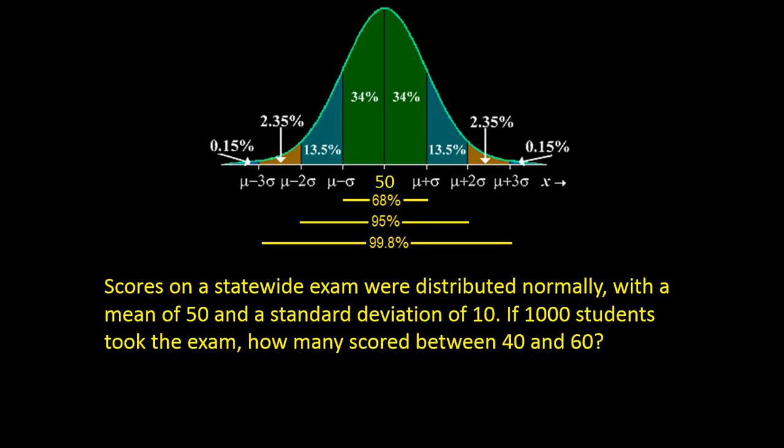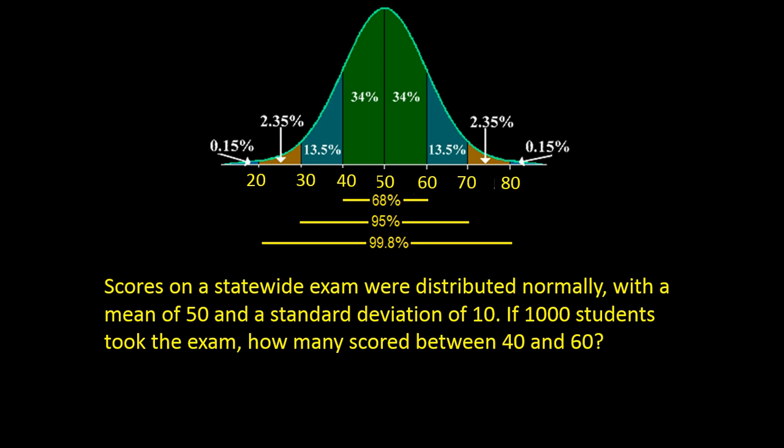And since the standard deviation is 10, that means one standard deviation greater than the mean would be 50 plus 10, or 60, and one standard deviation less than the mean would be 50 minus 10, or 40. Now we also know that another standard deviation away from the mean would lead us to scores of 30 and 70, and yet another would give us scores of 20 or 80.